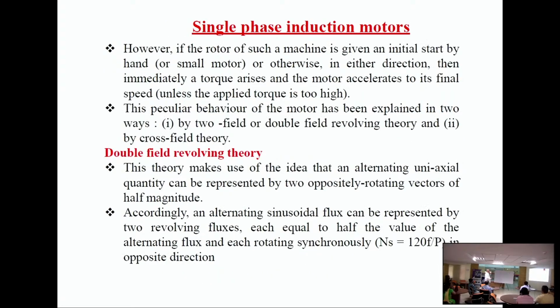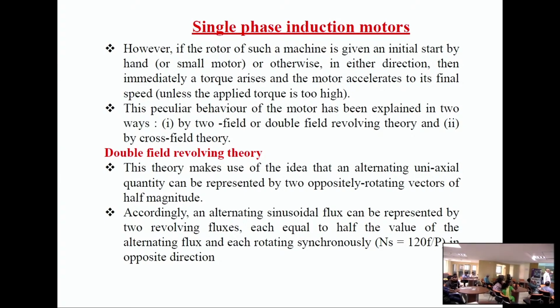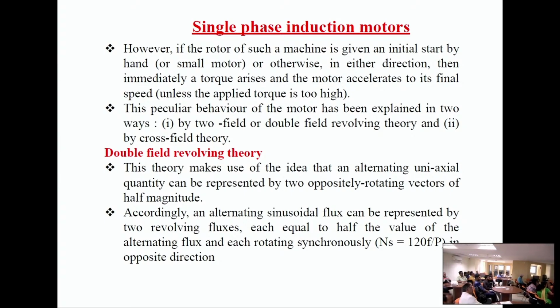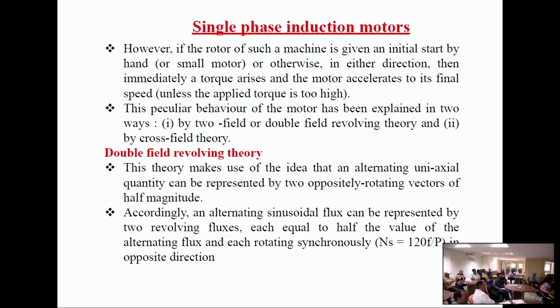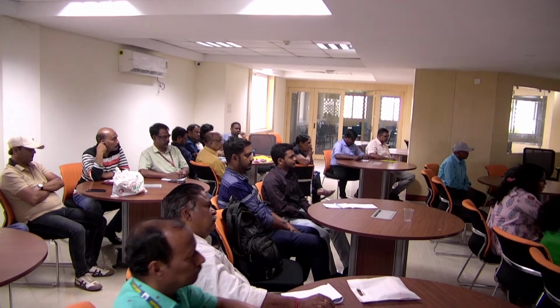How to do the analysis? However, if the rotor of such a machine is given an initial start in either direction, then immediately the torque rises and the motor accelerates to its final speed. We analyze this behavior using the double field revolving theory.